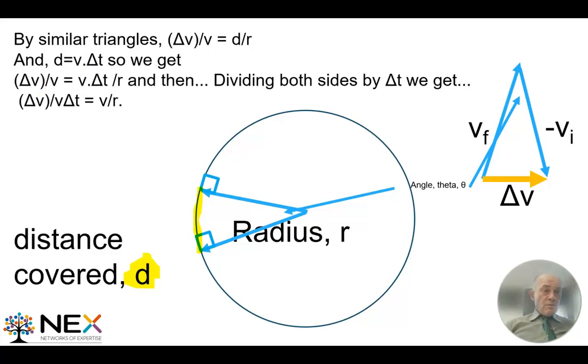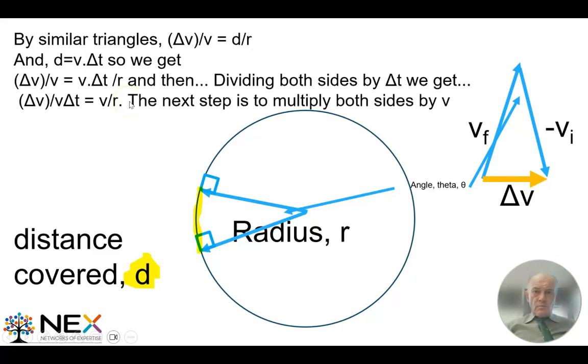We finish up with the left-hand side being delta v divided by v times delta t, and the right-hand side simplified to just v upon r. Then we multiply both sides by v, and we get delta v upon delta t, which is promising, as v squared upon r. That's also promising.